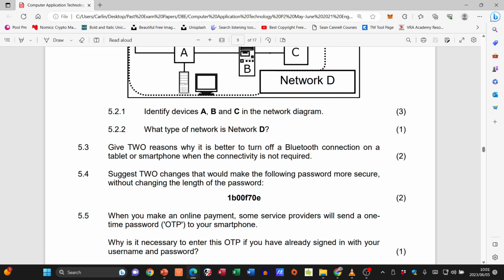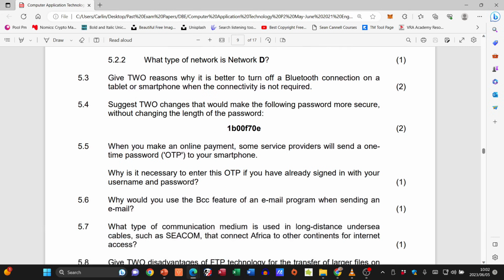No, I don't. Do I have a special character like the @ symbol or a hash sign? No, I don't. And I can take out these repeating characters. So maybe instead of this 0, I could put in a hash. And instead of this one, I could put in the @ symbol, right? Then I could change this F to a capital F, and then I would have a more secure password. Okay, so remember our passwords should always include a capital, a special character, a number, and a lowercase letter. And we want to avoid repeating letters.